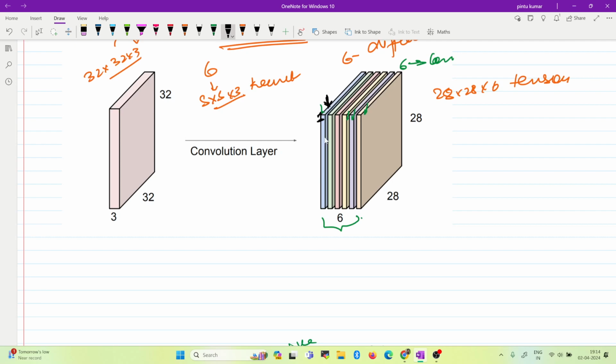And if it is convolved with the second filter, then you will get a second, different feature, the green feature. So if there are multiple filters, surely we will get multiple features. Am I right, sir? Yes.